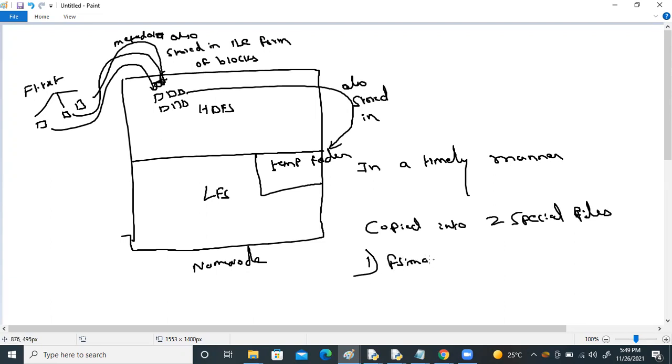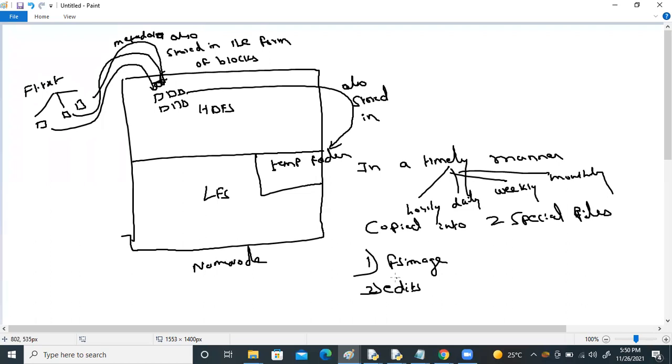FS image and edits. Timely manner means hourly, daily, weekly, monthly.